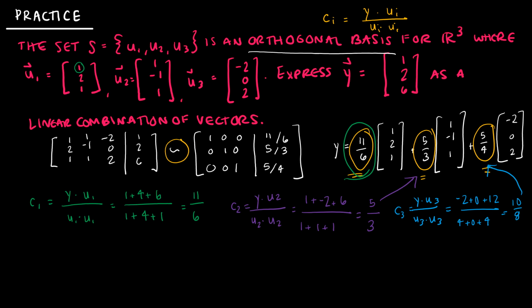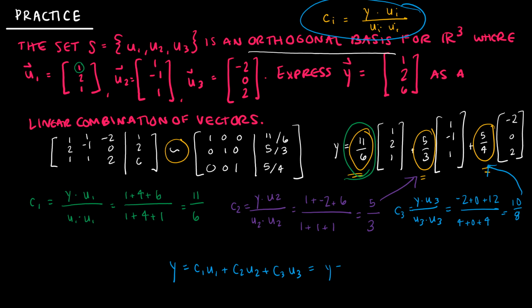And so that's exactly what it's telling us: instead of doing all of those row operations, you can use this formula to find those weights. And again, how would I then write my solution? y is just a linear combination of vectors, and so remember, C1 u1 plus C2 u2 plus C3 u3, and I've just used my formula to calculate C1, C2, C3.